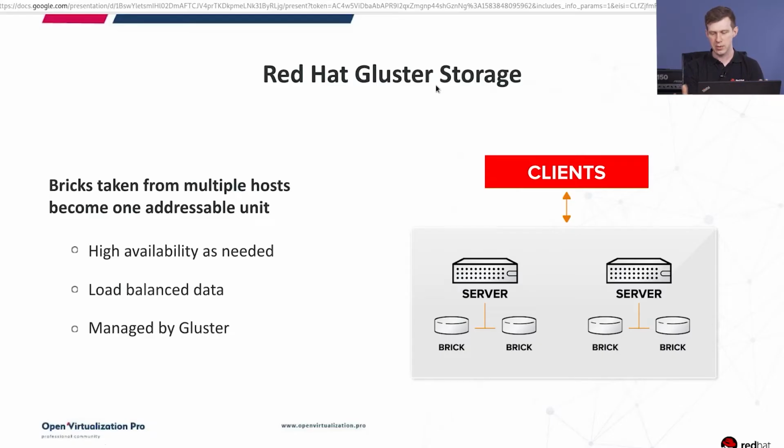Gluster is software-defined storage, which is highly available, and can be put on-prem, in a cloud, or even in our virtualization environment. In this case, we are talking about cooperation between Red Hat Virtualization and Gluster. They can be put on the same hardware together. Yes, this is the idea of hyperconverged.